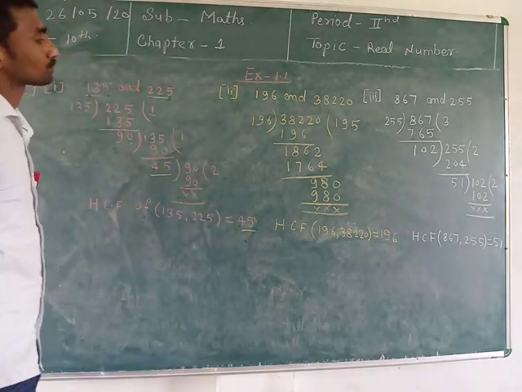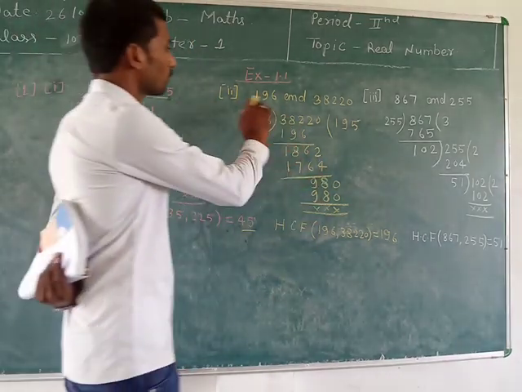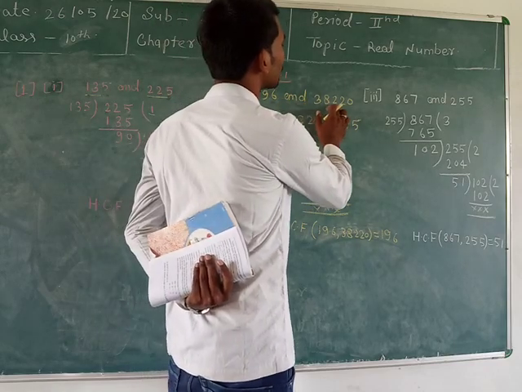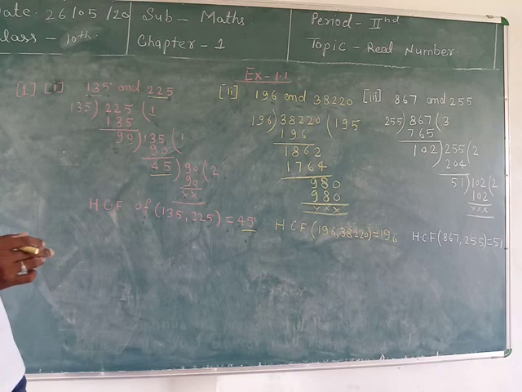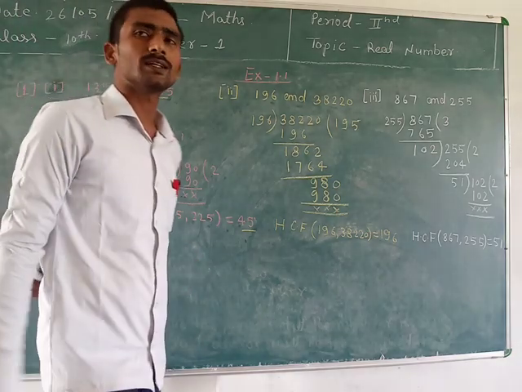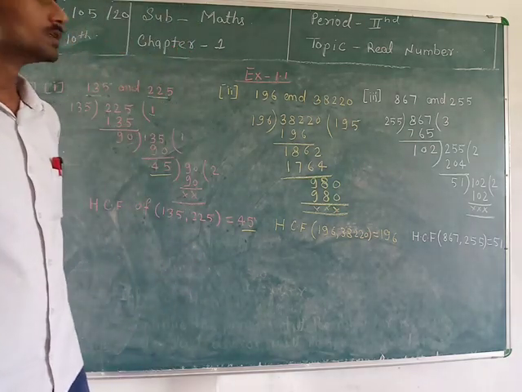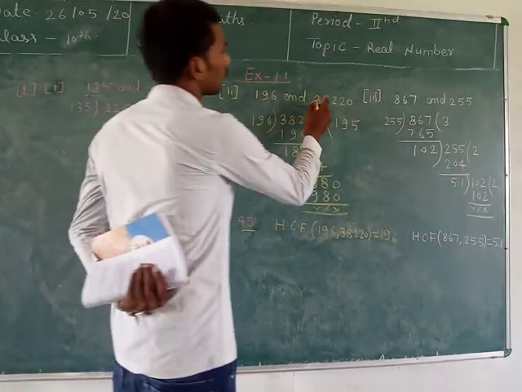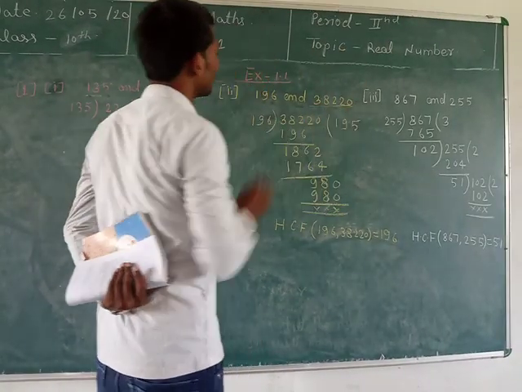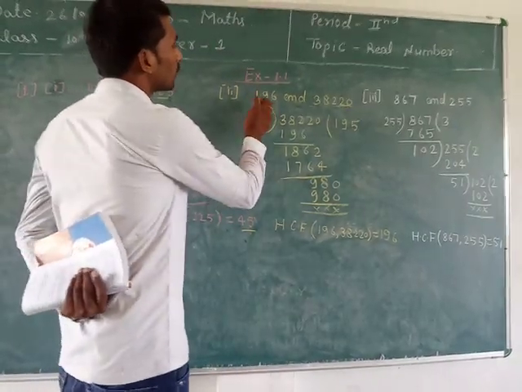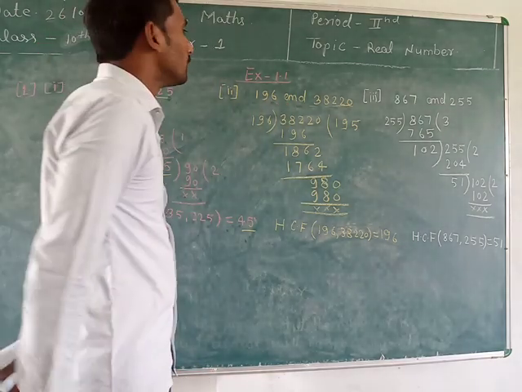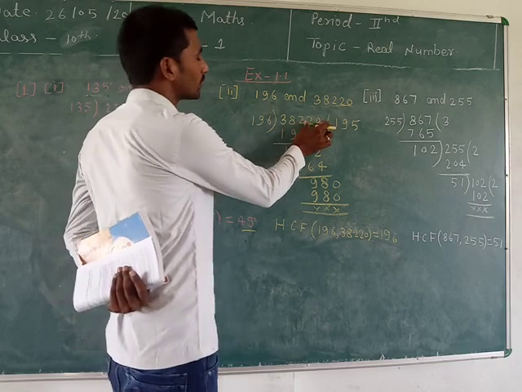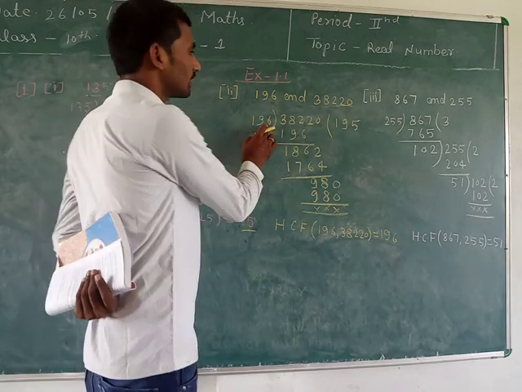Next question, find the HCF of 196 and 38,220. Here 38,220 is the greatest number and 196 is the smallest number. So we get A equal to 38,220 and B equal to 196. Now we divide A by B, means 38,220 divided by 196.